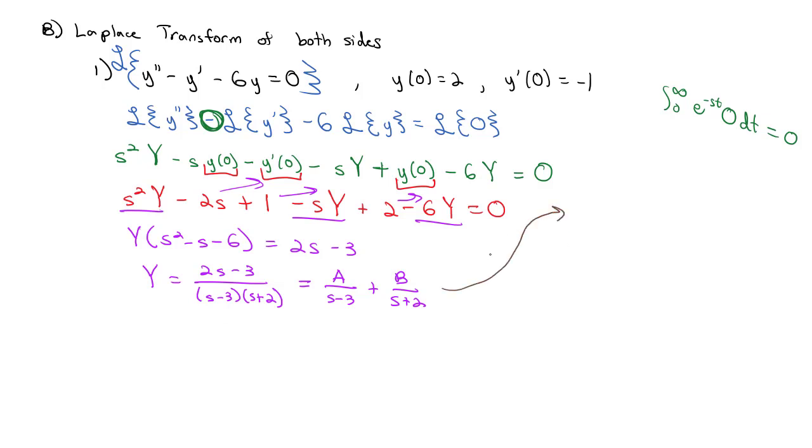Using our partial fractions, I'm going to move over here to the side where I've got some white space. We have 2s minus 3 is equal to A times the s plus 2 plus the B times the s minus 3. And we can solve this quickly by first making s equal to 3. 6 minus 3 is 3 equals 5A.